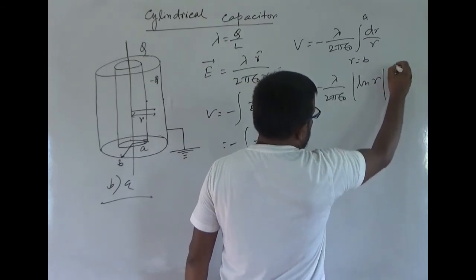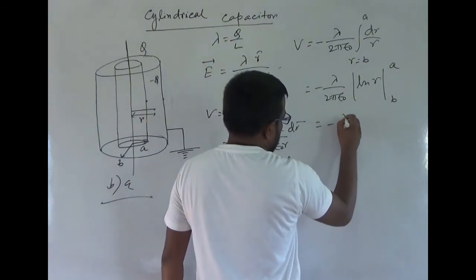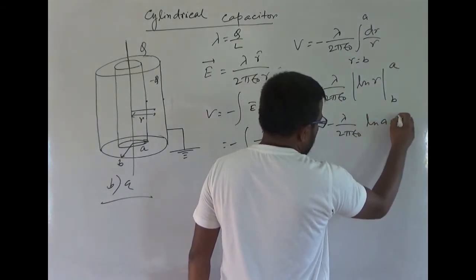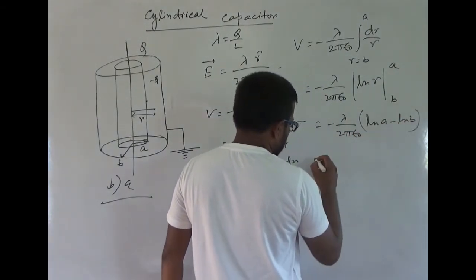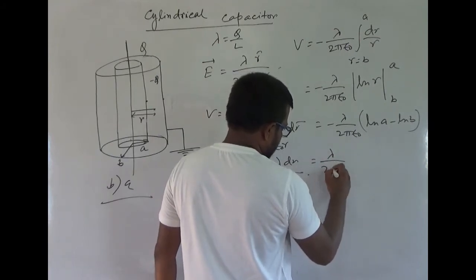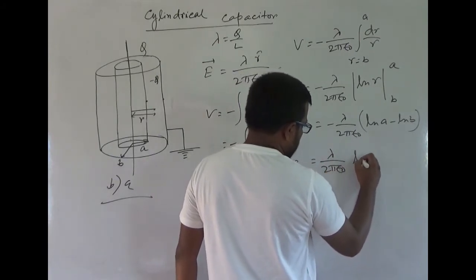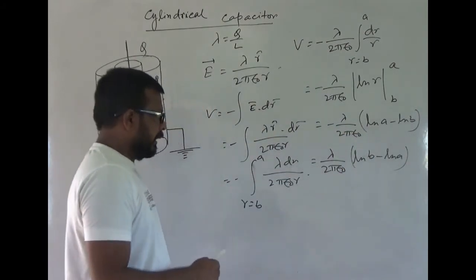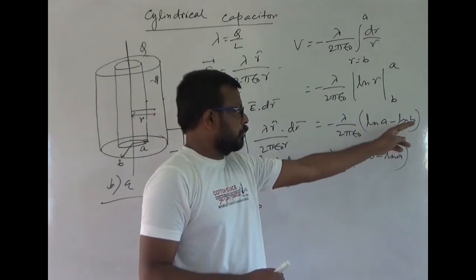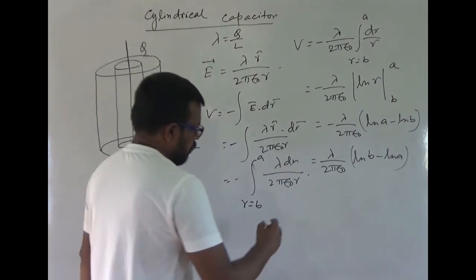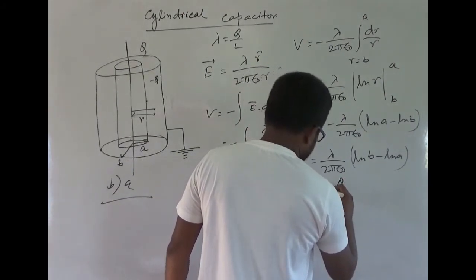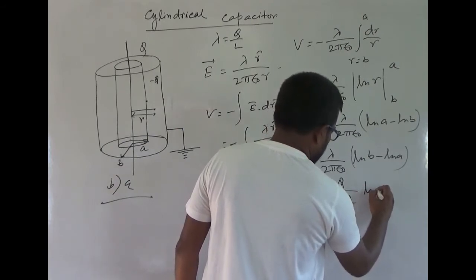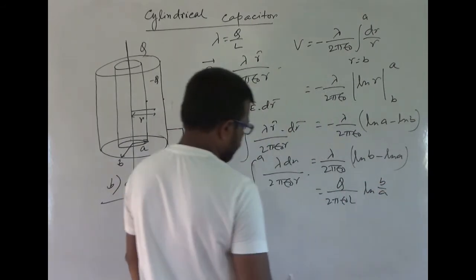So we get lambda by 2 pi epsilon naught times log a minus log b, or lambda by 2 pi epsilon naught times log b minus log a, bringing the minus sign inside the bracket. With lambda equal to Q by L, V equals Q divided by 2 pi epsilon naught L times log b by a.